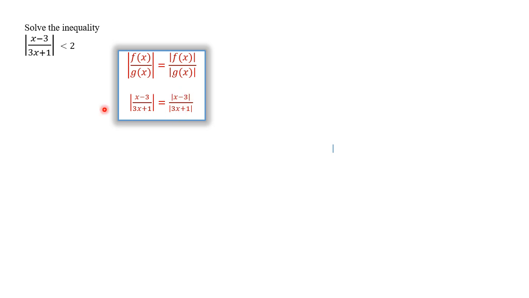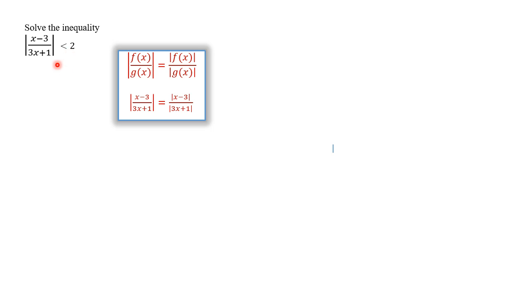So now the next thing, we can cross multiply. We can multiply here with modulus of 3x + 1 to the side of 2 here. Since modulus of 3x + 1 is always positive, it's not going to be negative. So you can cross multiply. It is not going to affect the inequality sign. Remember, when you multiply with a negative number or divide with a negative value on the inequality, it will affect the inequality sign by reversing it.